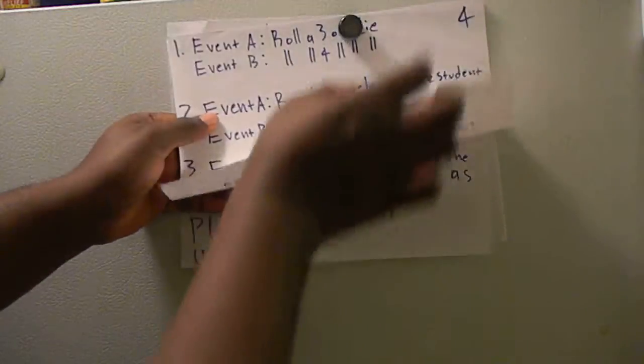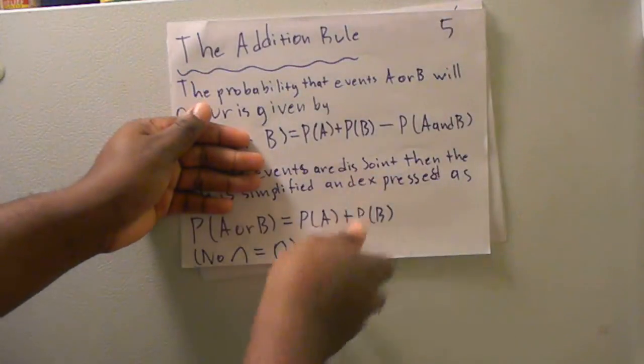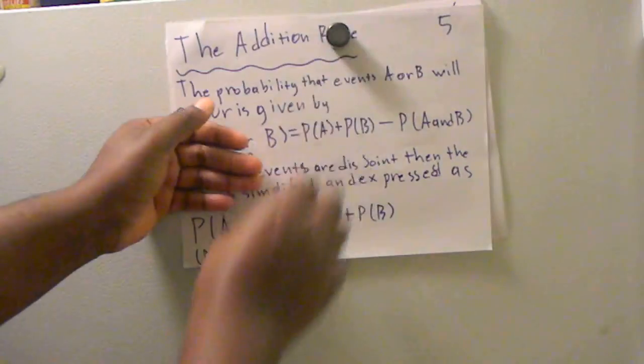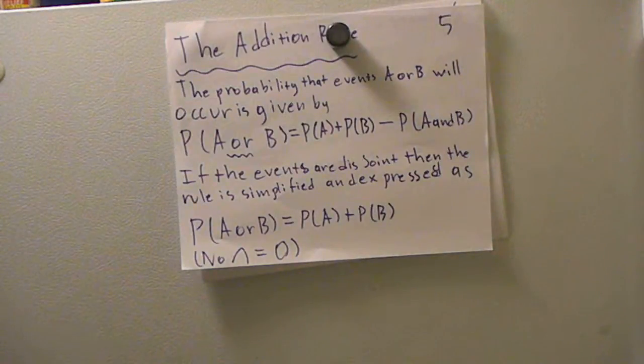Now that you understand mutually exclusive events, it's time to learn the addition rule. The addition rule states the probability that events A or B will occur is given by this formula. The probability of A or B, notice the or is underlined because it is not and, like in the multiplication principle.